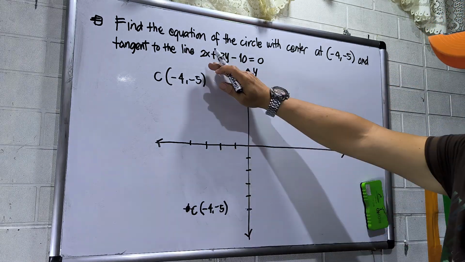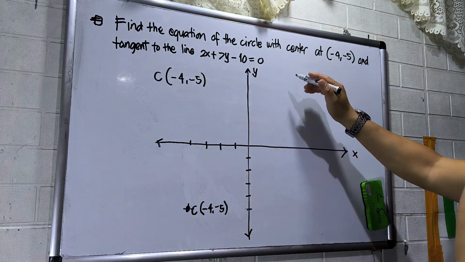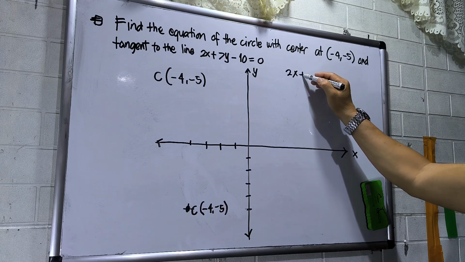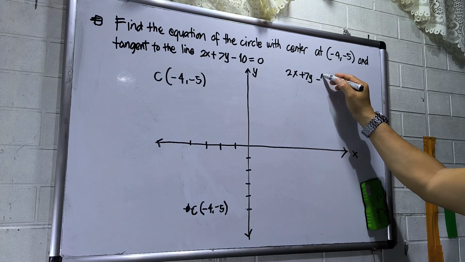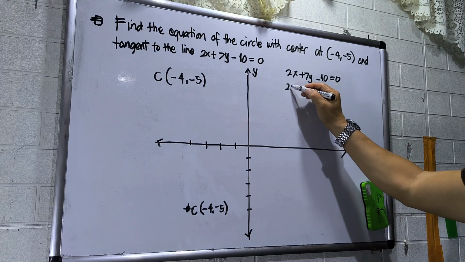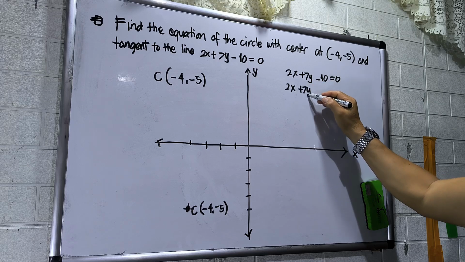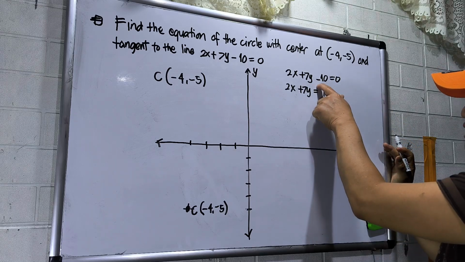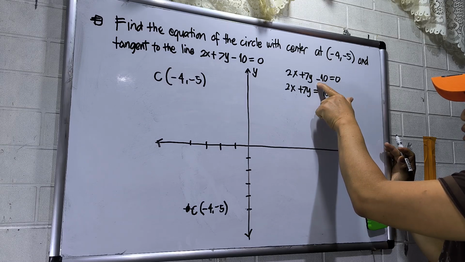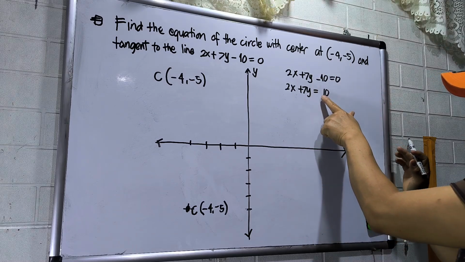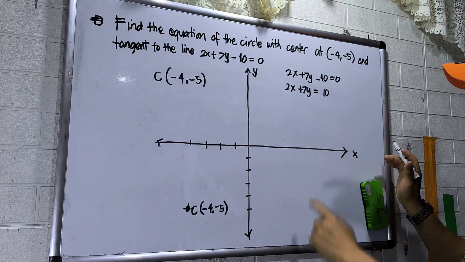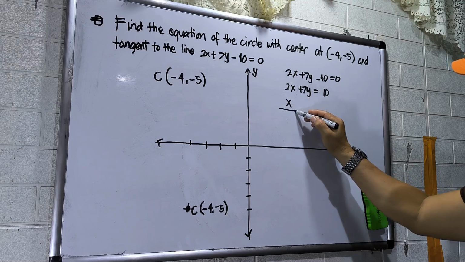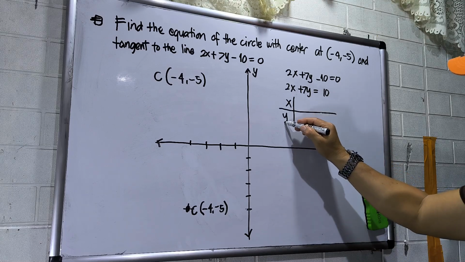Now we'll make a tabulation for the line 2x plus 7y minus 10 is equal to 0. So 2x plus 7y is equal to 10. What I did here is transpose the -10 to the right, so -10 becomes +10. Then I will make a tabulation between x and y.